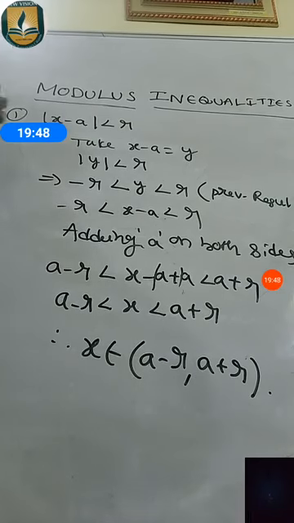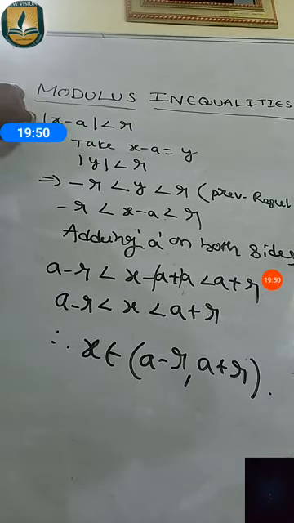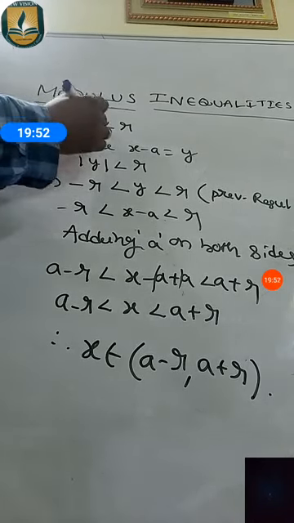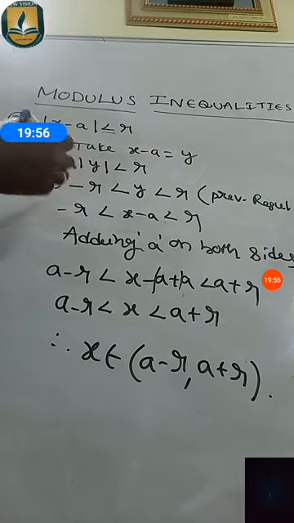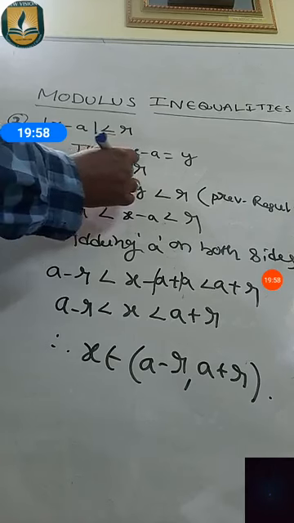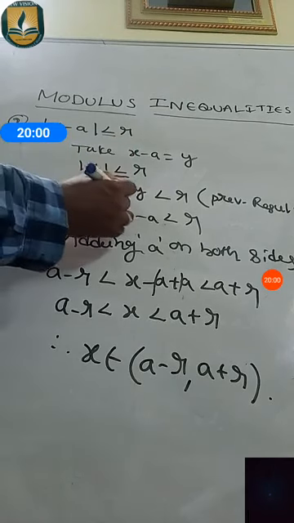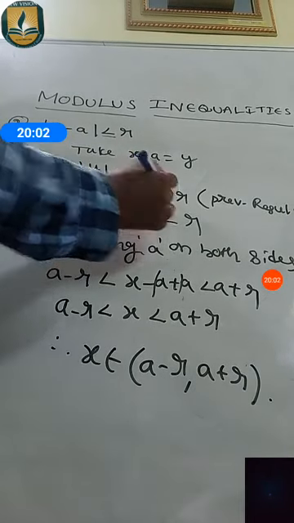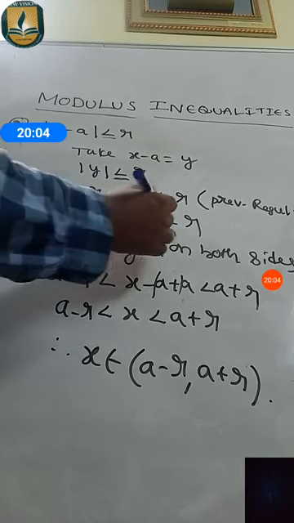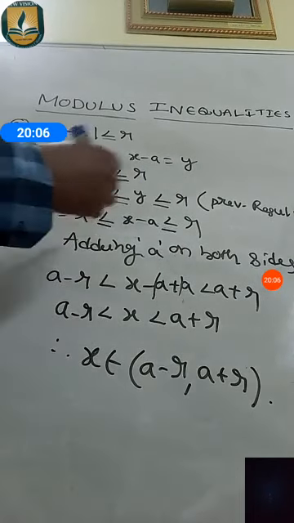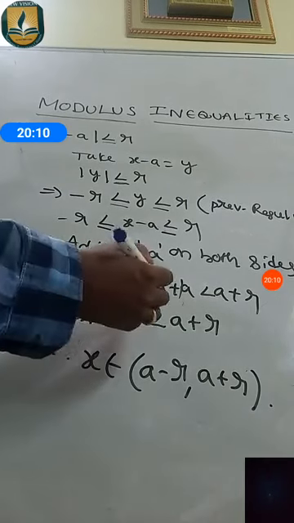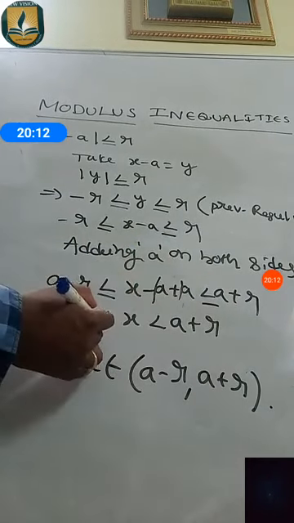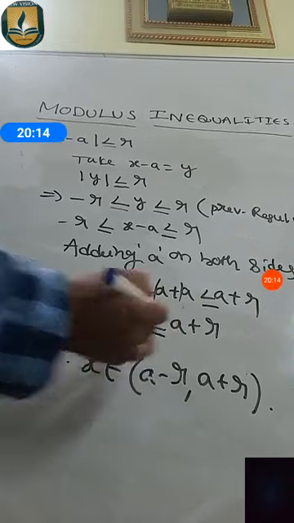Now the second proof. We just have the less than or equal to symbol. Now everything you replace by the equal symbol. Here also the equal symbol. Same, now adding A on both sides, we have less than or equal to, less than or equal to.